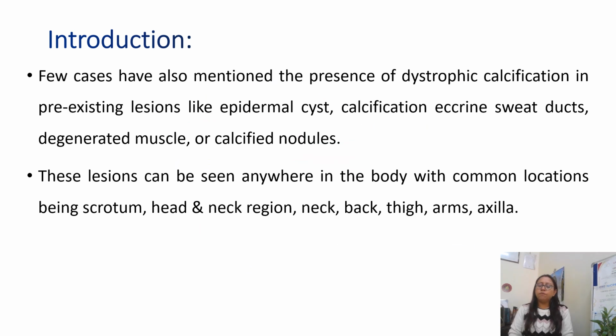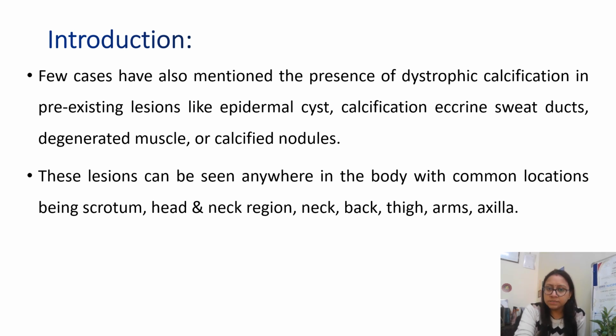And in a few cases they have also described that at the place where we are now finding calcinosis cutis, a lesion in a patient at some site, a few published papers said that there is presence of dystrophic calcification. We know calcification is basically of two types, dystrophic and metastatic calcification.